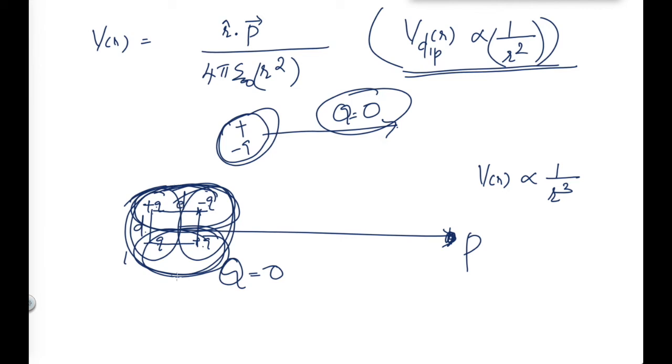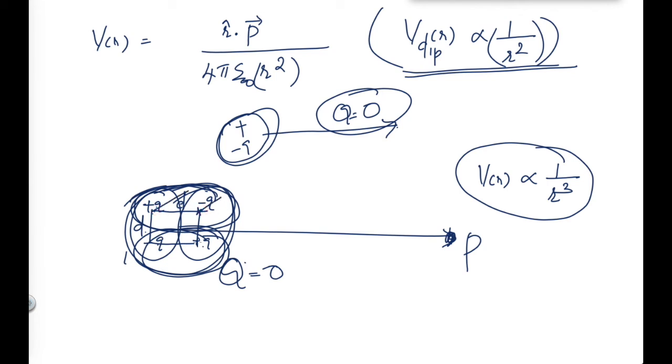Suppose even though total Q is equal to 0 and the dipole moment is also equal to 0, maybe you get a quadrupole moment that is non-zero. If I take two quadrupoles, it's like you have a charge distribution at the corners of a square.